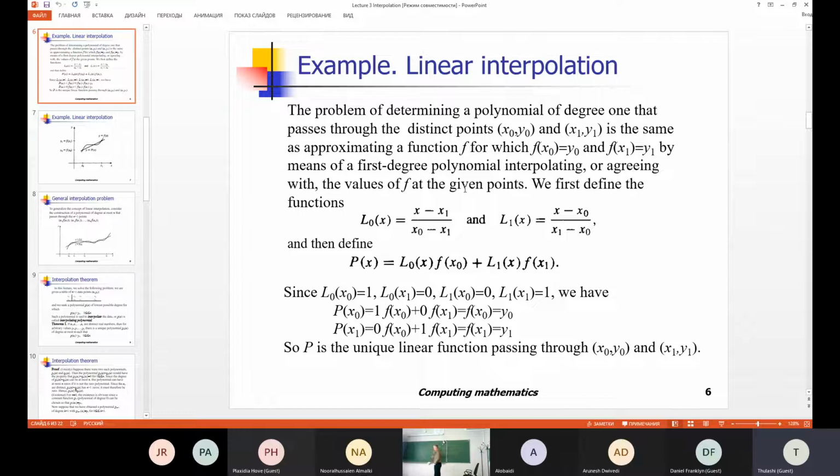Substitute these values, simplify the formula. x1 is 2, x minus 2 over minus 2 times 1 plus x minus 0 over, I write just x over 2 times 3.